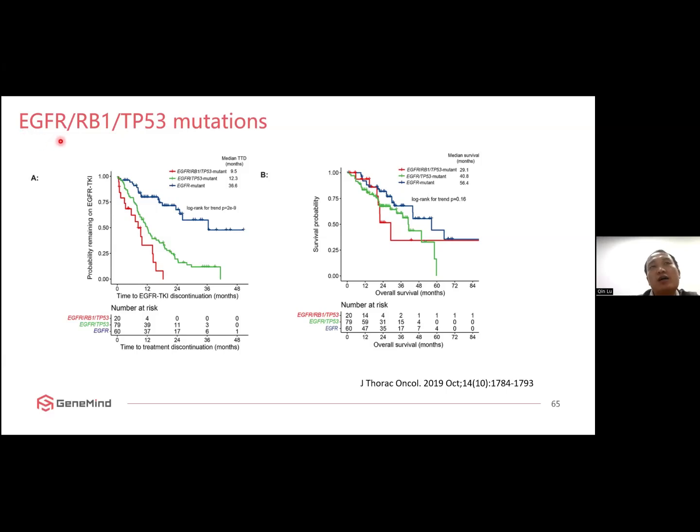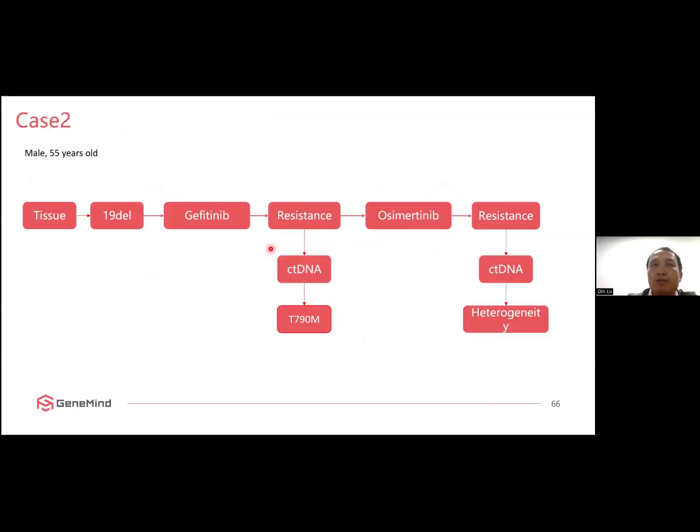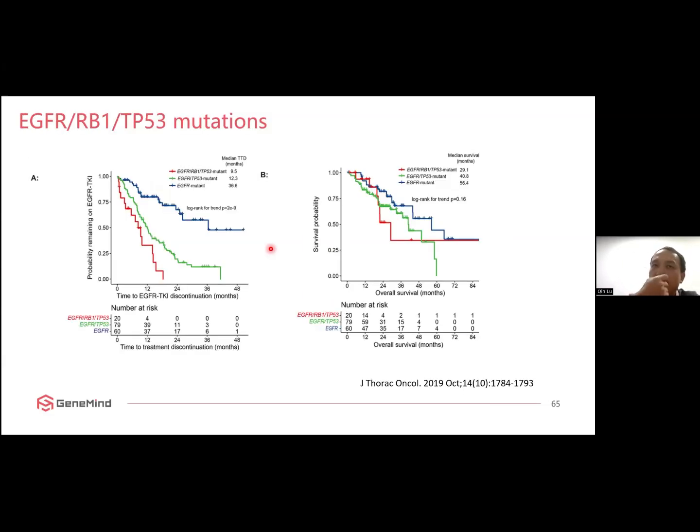And EGFR, RB1 and TP53 mutations are associated with worse survival. As we could see in this picture, if the patient had these three mutations, they had the worst survival. And for this patient, finally, no drug was available, so unfortunately he got progression.